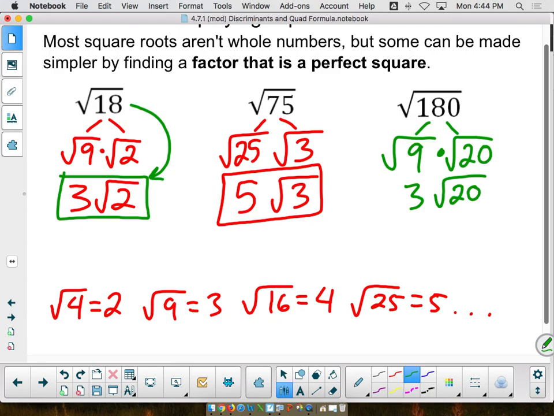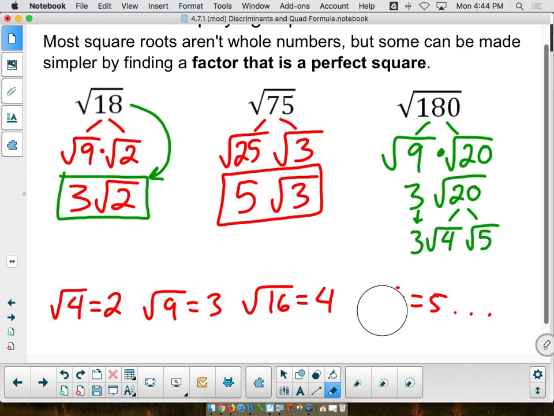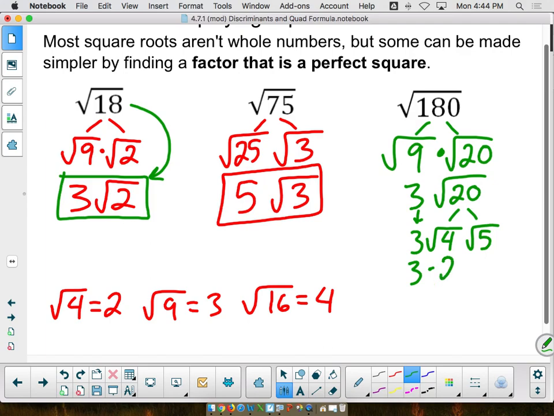But then we can actually break down the square root of 20 even further, because 4 does go into 20, and that is a perfect square number. I'm going to bring this 3 down. And then here we have 3 times the square root of 4 becomes 3 times 2 times the square root of 5, which is 6 square root of 5.